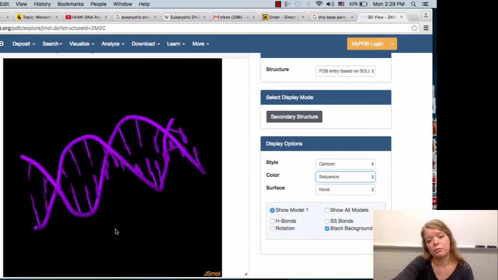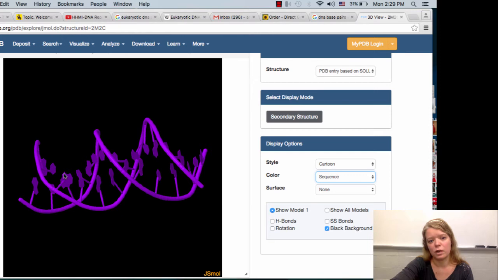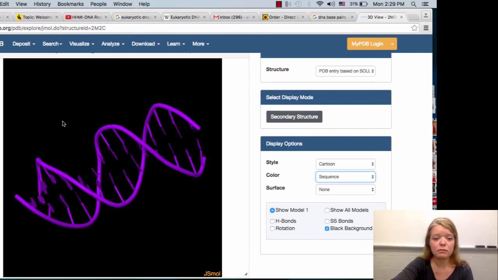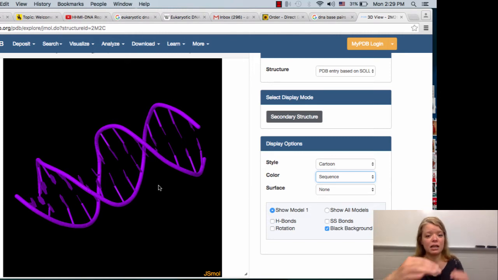And if you guys remember, the major groove of the DNA is where the transcription factors tend to bind, because these base pairs are a lot more accessible and you can form hydrogen bonds to their sides.